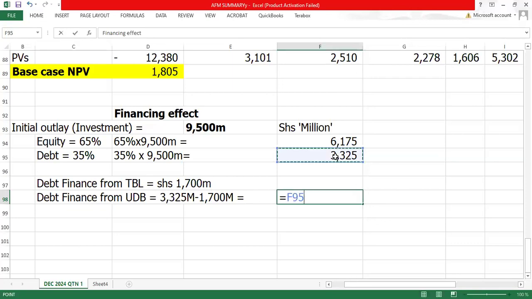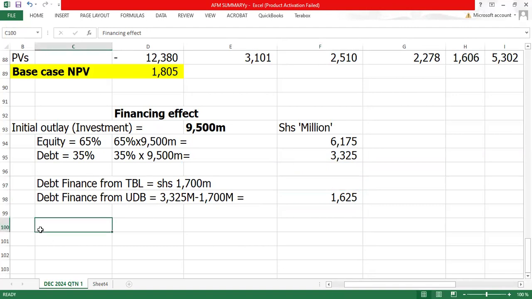The balance? Get 1,625. So that's what I have. So now I can start handling what will be the financing side effect from these two. I can start with the TBL, as you deal with these things.